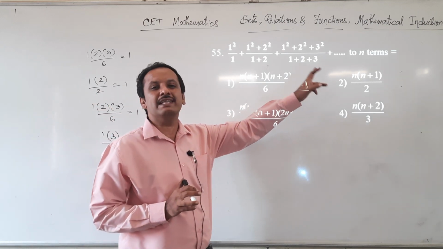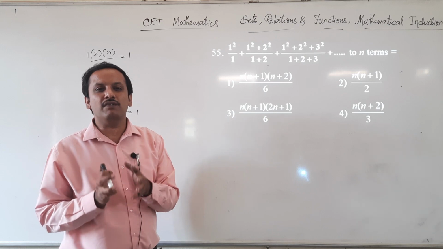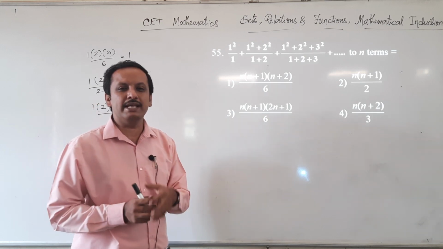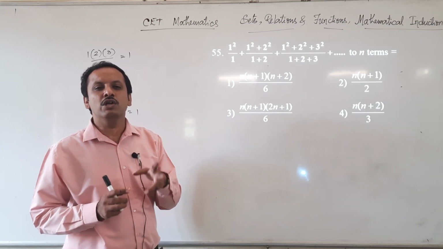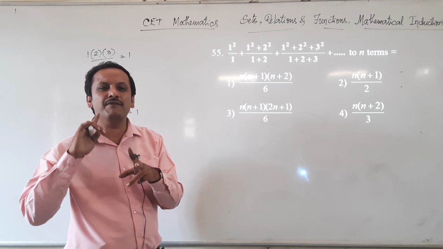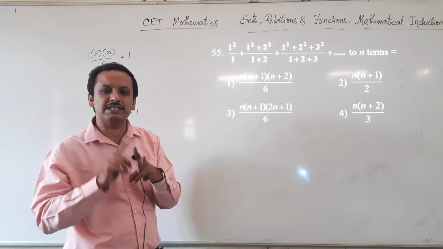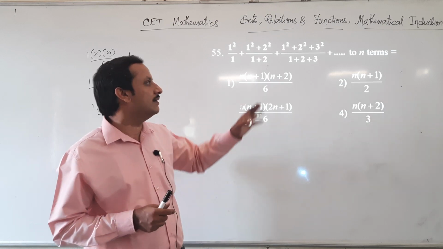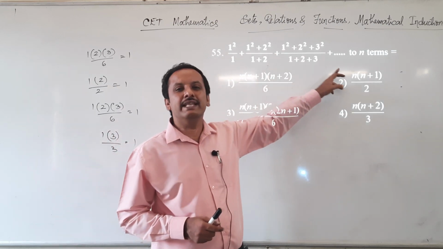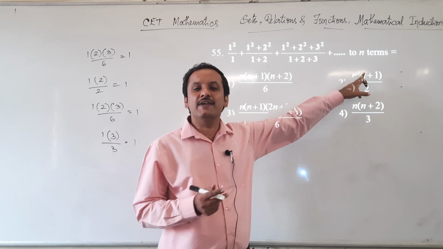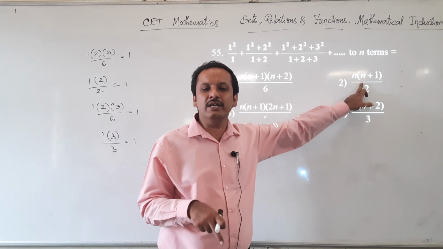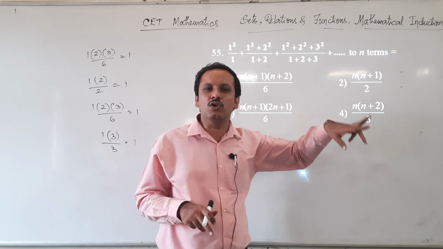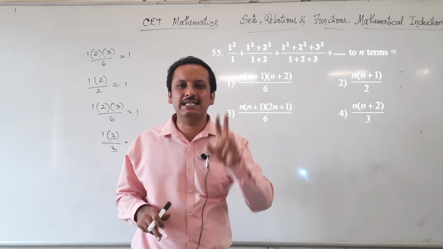Here you are asked to find the sum to n terms. If the question is sum to n terms, then while putting n equal to 2, you have to consider the sum of the first and the second terms. But if they ask you what is the nth term, then while putting n equal to 2, you have to consider only the second term.